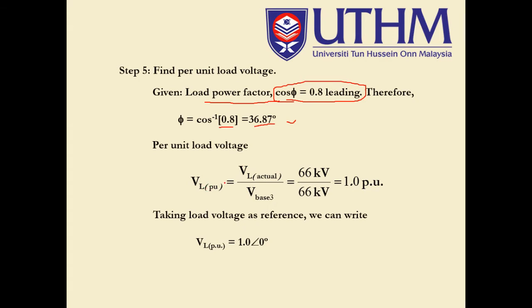Again, VL pu is VL actual over V base 3. Remember, 3 reflects the load zone, where the load is located, zone number 3. 36 over 66 kV.